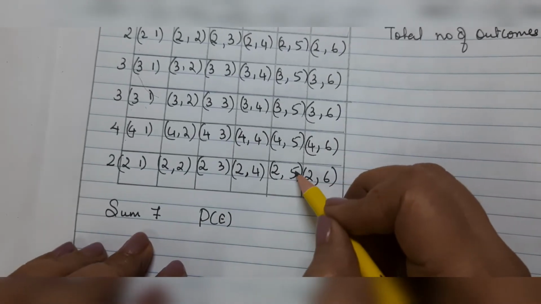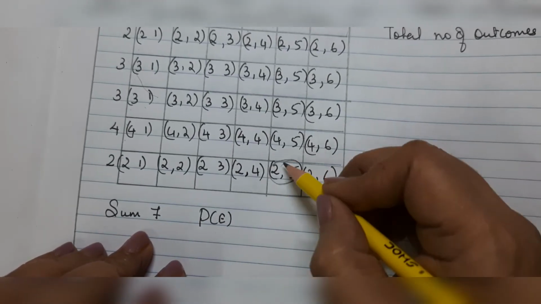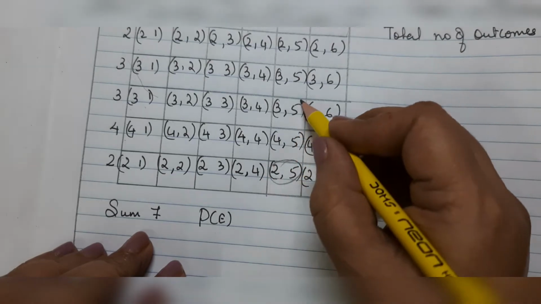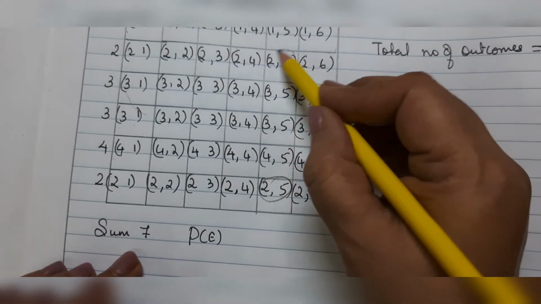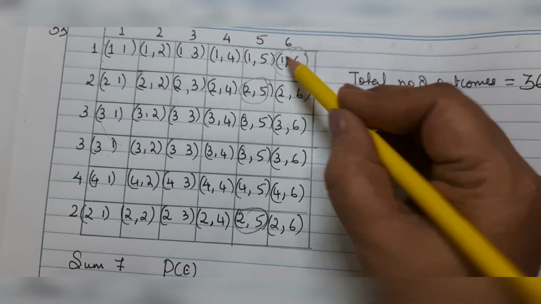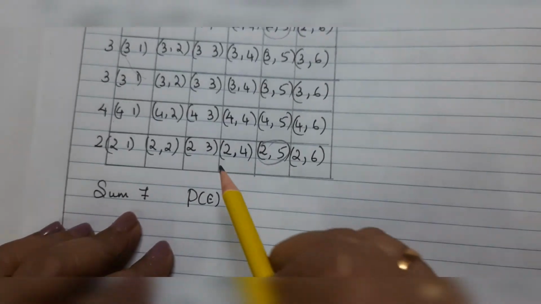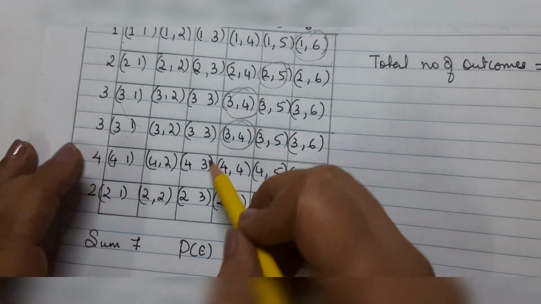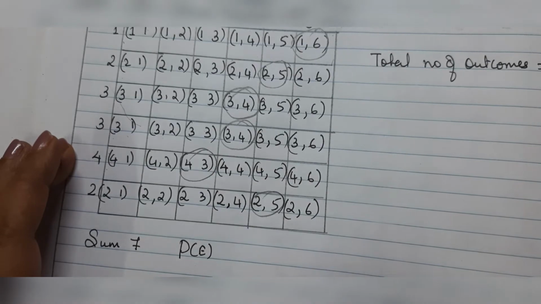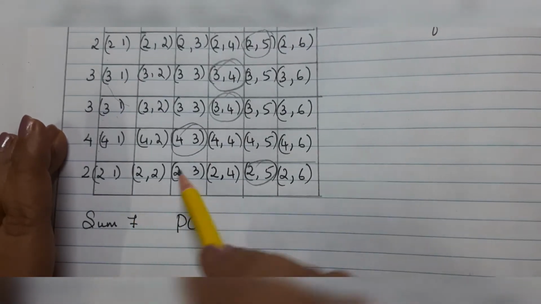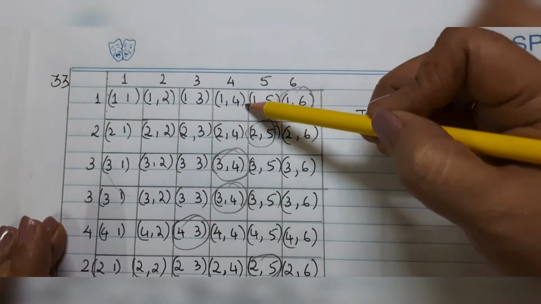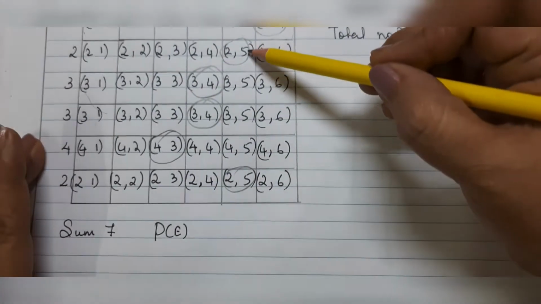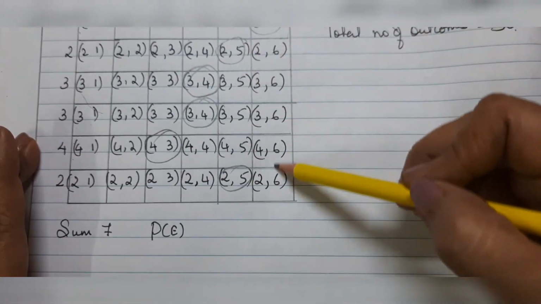Sum occurring 7: 5 and 1, then 5 and 2, 5 and 2, 6 and 1, anywhere else, 4 and 3, 4 and 3, that's it. Here we have one more, 4 and 3. Check clearly, that's it I feel, yes, fine.